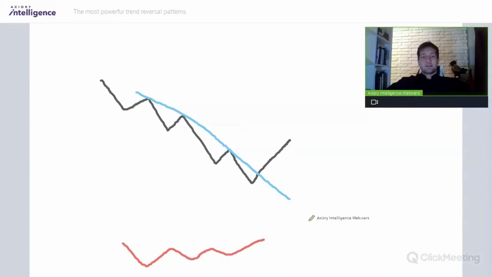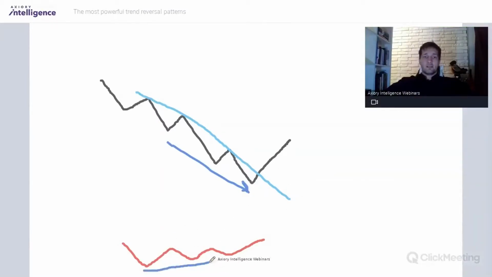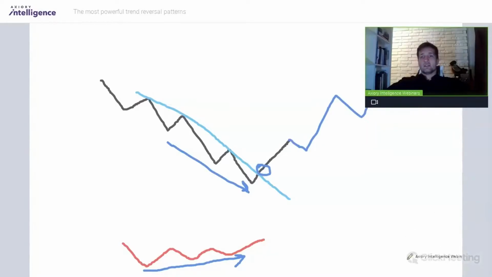And you can see price is making lower lows, but indicator is not making lower lows. That's a divergence. Breakout of the neckline of this formation brings us a buy signal, and in theory we should see the trend reversal. I guess this is pretty clear. We're gonna erase that.